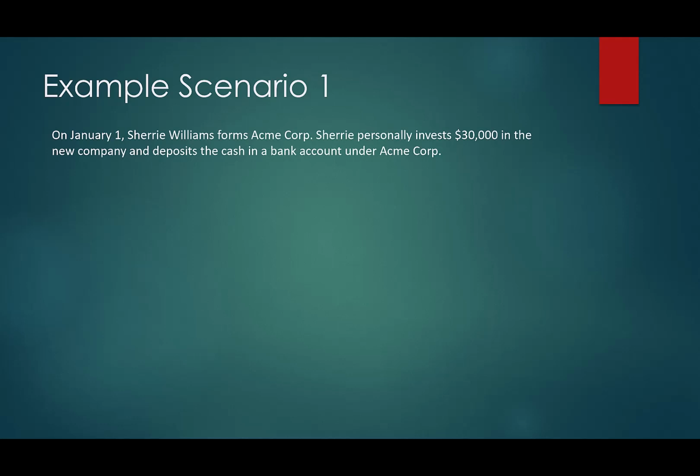If you remember from last week, the cash account was impacted because from the perspective of the business, we've gained $30,000 cash. And the owner's capital account was also impacted because Sherry now has $30,000 worth of equity in the business.